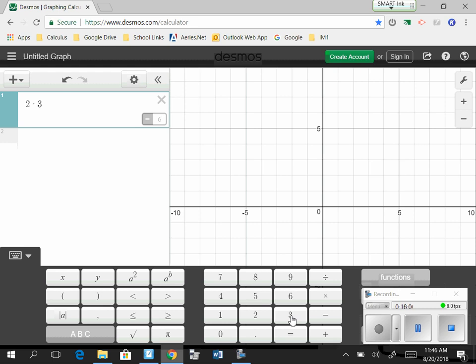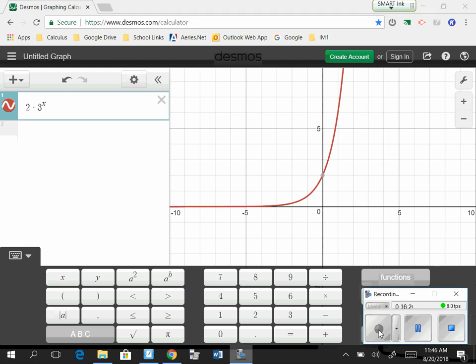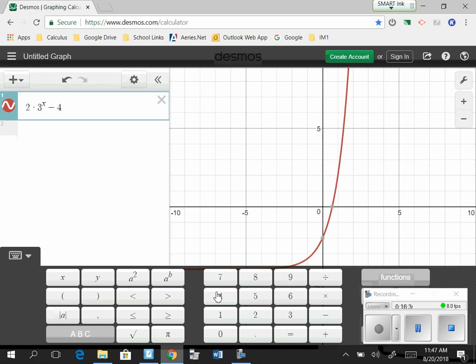Now to get that exponent, if you look down on the keyboard where you see that little a and b as an exponent, it's to the left of the 7 on my screen. If you push that button, it's going to give you a little exponent spot. Then you can type x. Notice we're still in the exponent. We want to get down out of the exponent, so you can use your left arrow, your right arrow. Once you get down, you can type your minus 4, and you'll get your graph.